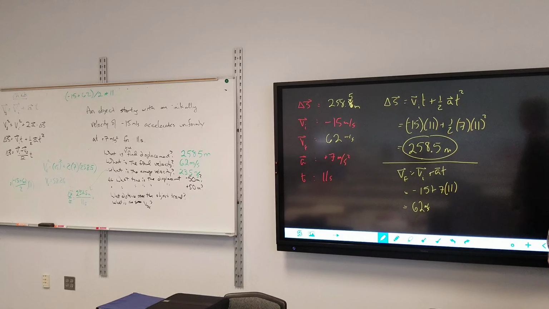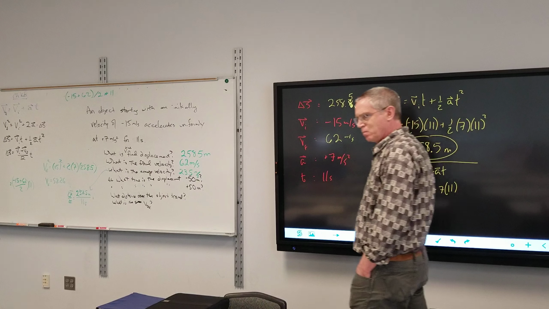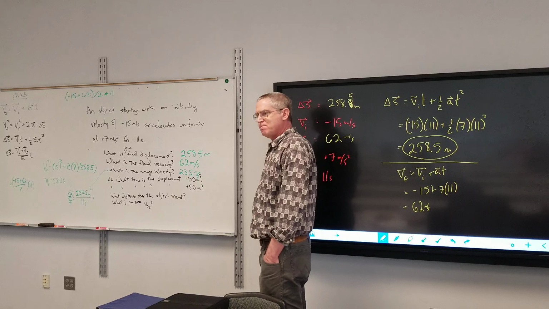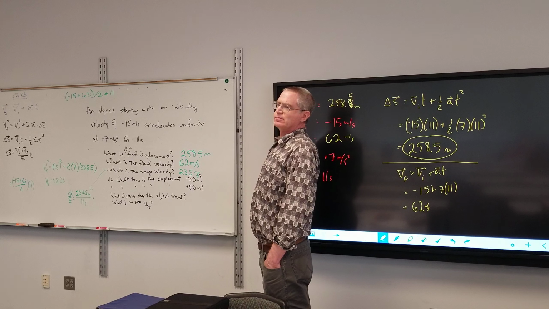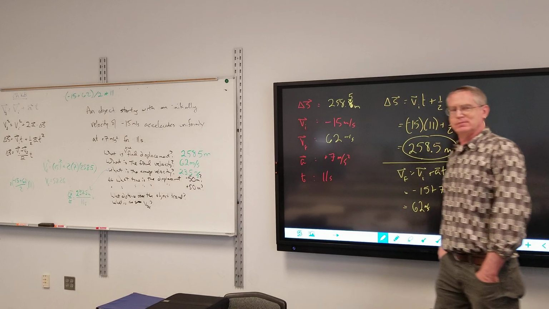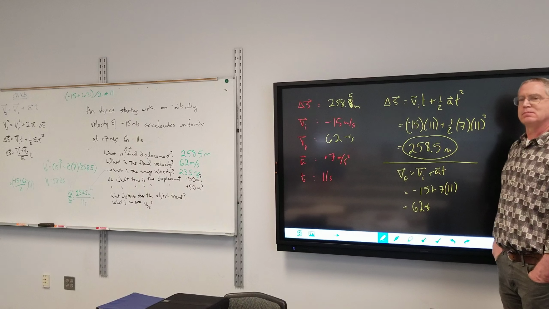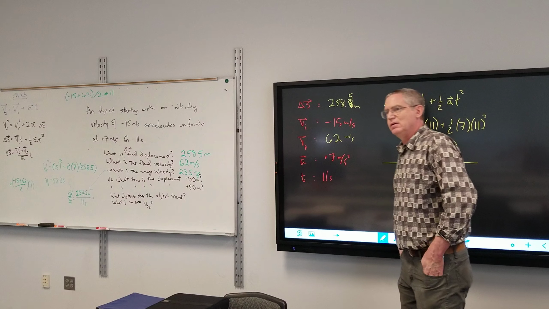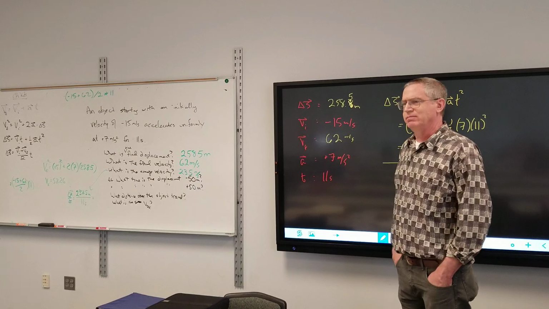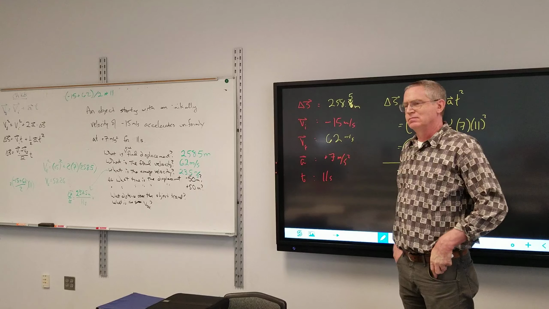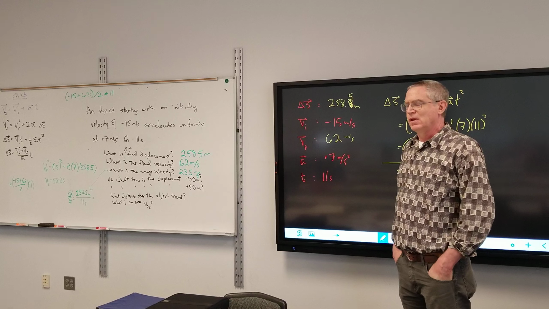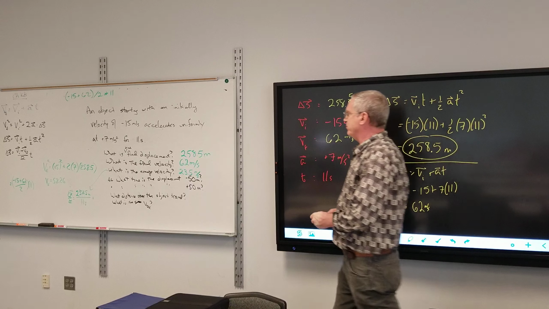Questions here? Robin? So for average velocity, never mind, I did it wrong. Okay, glad I could help. The notation for average velocity can just be V average, AVG, or AV.